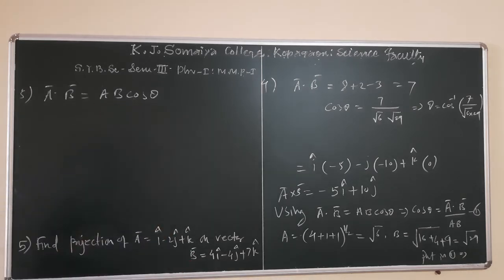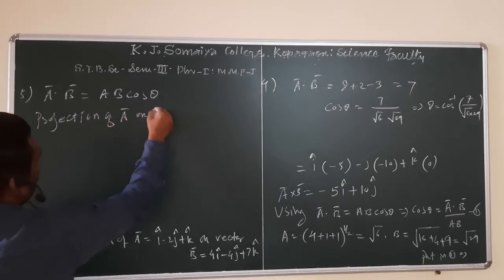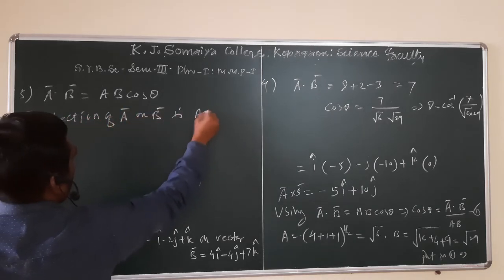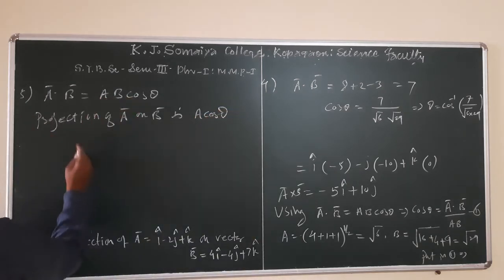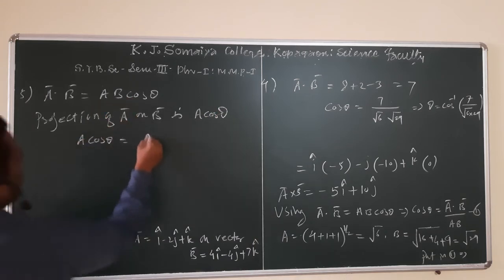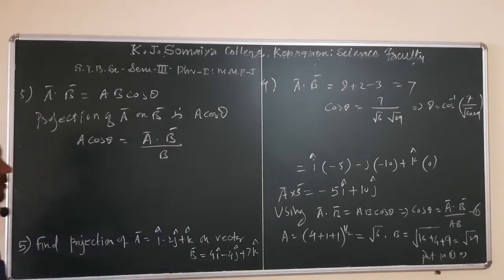Okay. So the projection of vector A on B is A cos theta. So from this equation, A cos theta is equal to vector A dot B divided by the magnitude of vector B. Okay.